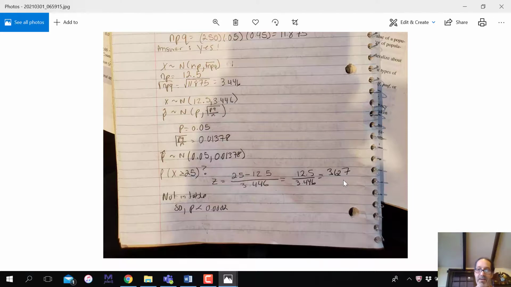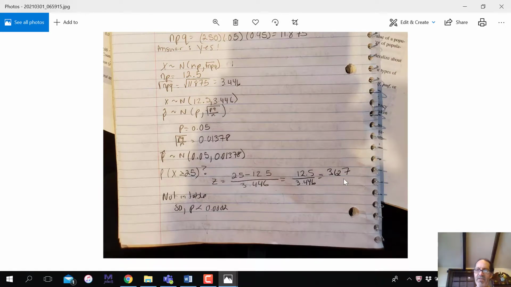At minimum, because the last value in the table in the bottom right-hand corner of page 543 is 0.9998, the probability for a Z value of 3.627 is going to be at least 0.9998, or 99.98 percent.